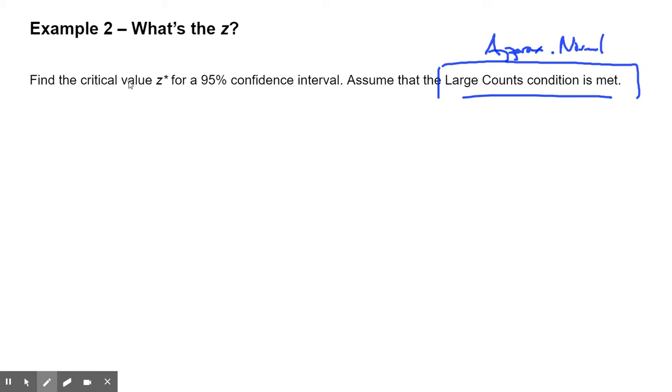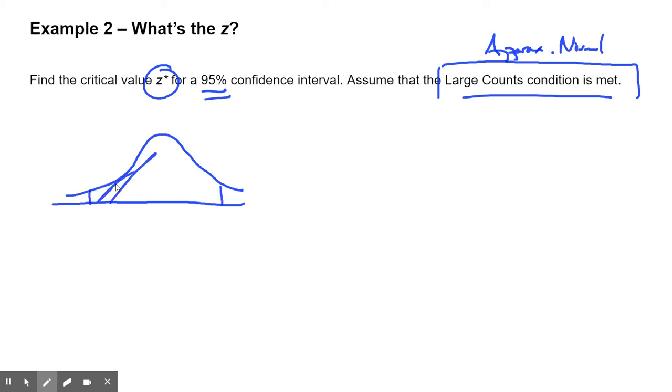And we can use our stats applet and a normal distribution to find the z based off of that confidence level. So I want you to think about this, right? Here's our normal distribution. 95% of all the data is somewhere in here. That is 95% or 0.95.